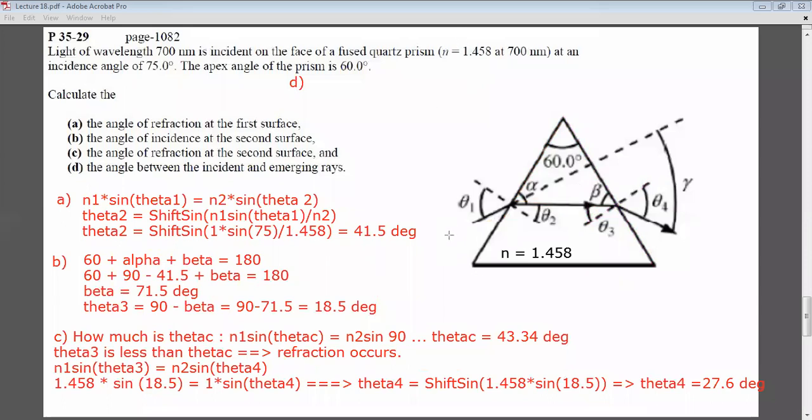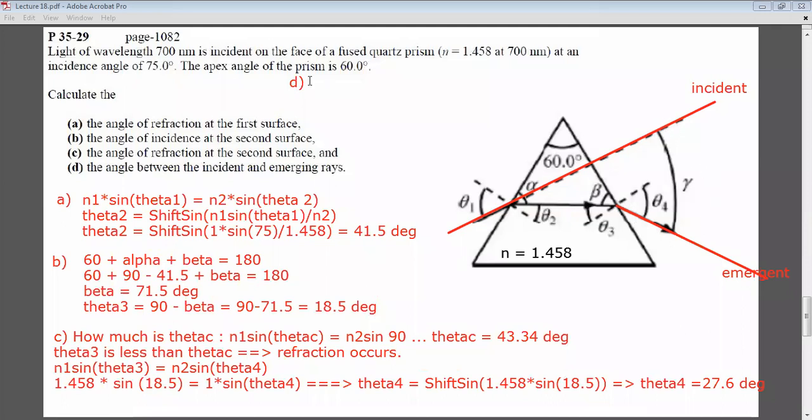So this is the incident ray, and this is the emergent ray. This is the first ray that hit the prism. It got refracted, then it got refracted again. So this is the emergent ray, and we need to calculate this angle gamma.